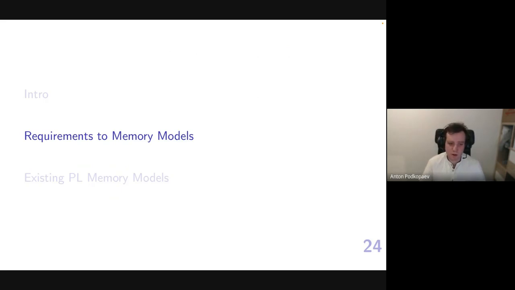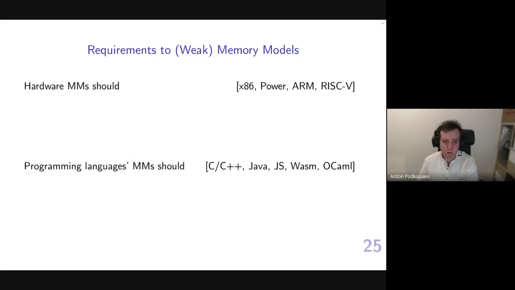Okay, so now let's get to a section where we discuss requirements for memory models with a focus on programming language memory models. As I already mentioned, hardware and software have different memory models, and one of the reasons is that they have different requirements.